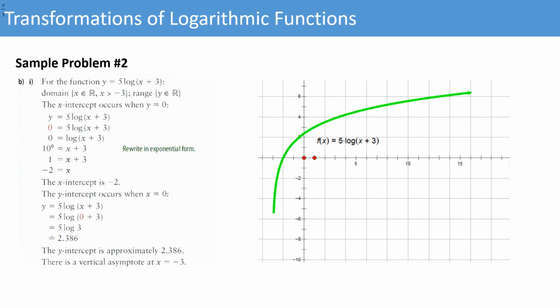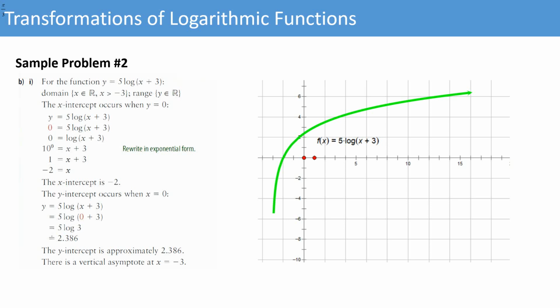Now, to take out the log, remember, 10 to the 0 is x plus 3. 10 to the 0 is 1. So 1 equals x plus 3. Then we have negative 2 is x. So this means our x-intercept is negative 2. We confirm looking at a graph, yes, that is true.